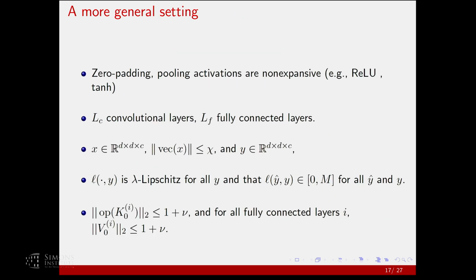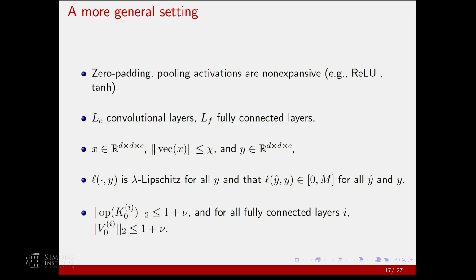So let's talk about a more general setting. Let's remove some of these assumptions and make it closer to what we have in practice. Again, you have zero padding, you have pooling, and your activations are non-expansive. You can have L_C convolutional layers and L_F fully connected layers, so your network has both. Your input is a tensor, and we assume that the vectorized version of the input has some upper bound chi.